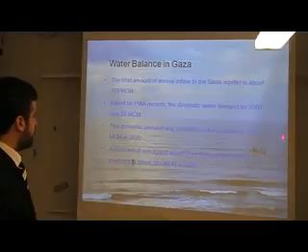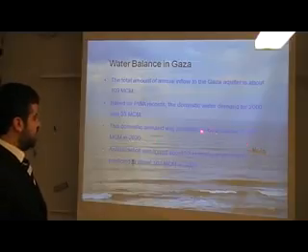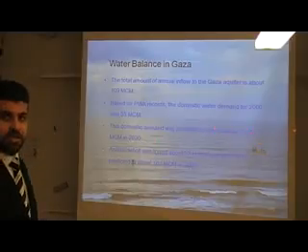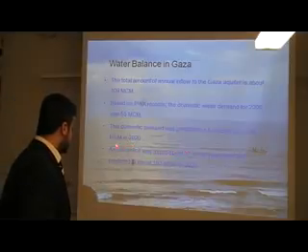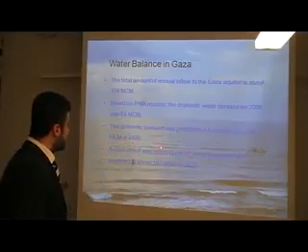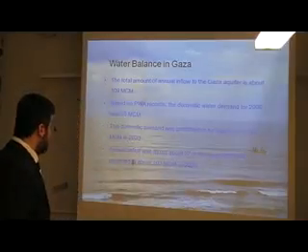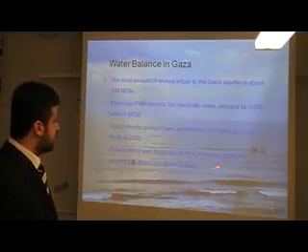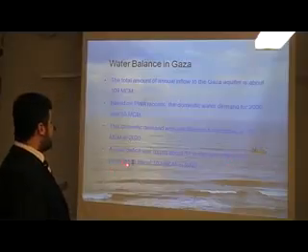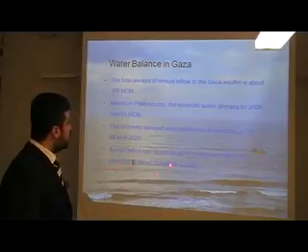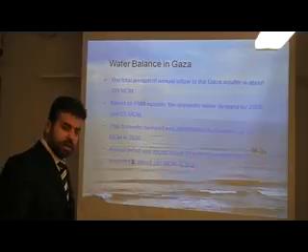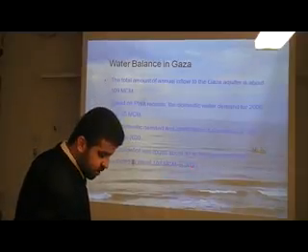This domestic demand was predicted to increase to 182 million cubic meters in 2020. Annual deficit was found to be 37 in the year 2000, predicted to be about 107 million cubic meters in 2020.